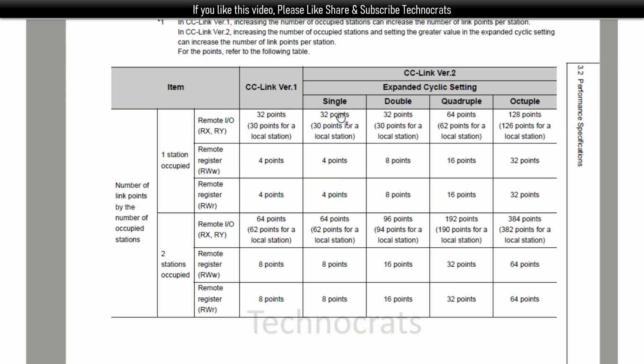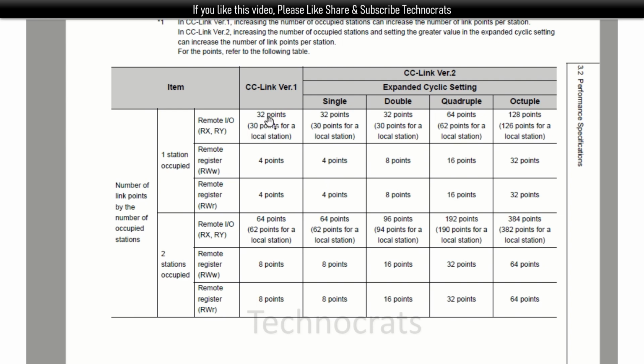this will share 32 points of Rx, 32 points of Ry, 4 points of Rww and 4 points of Rwr.